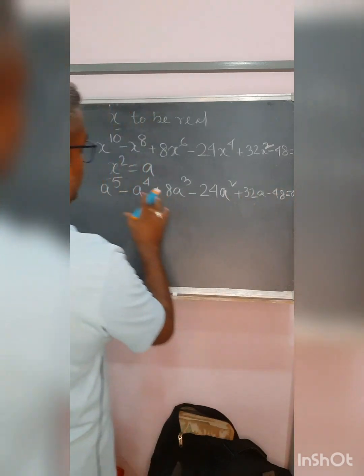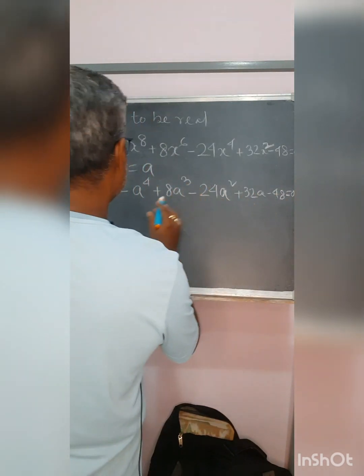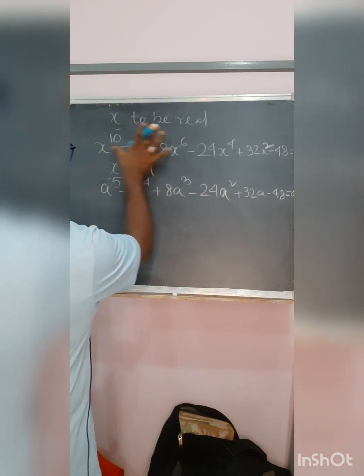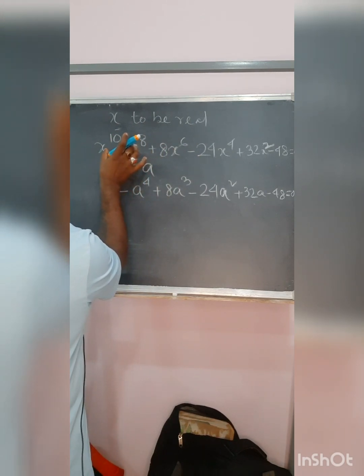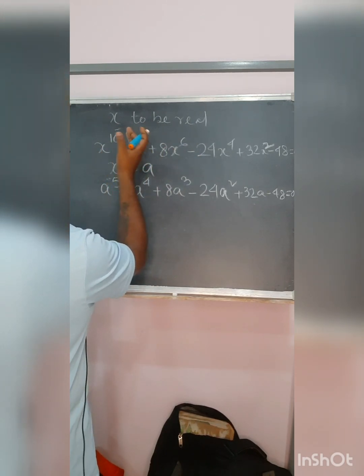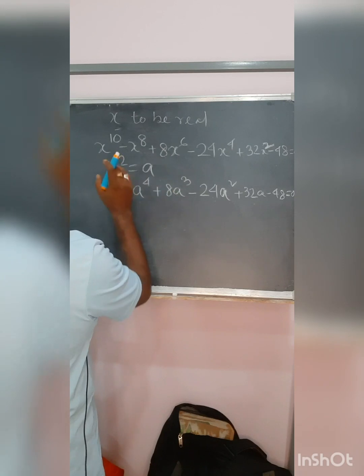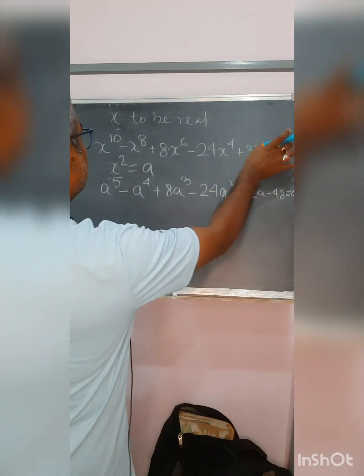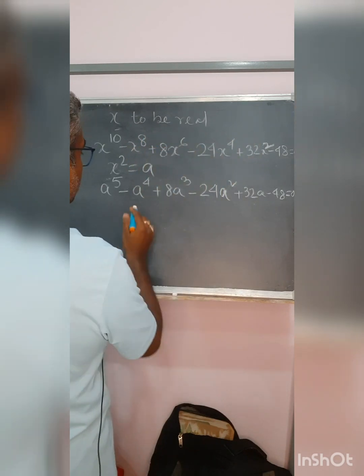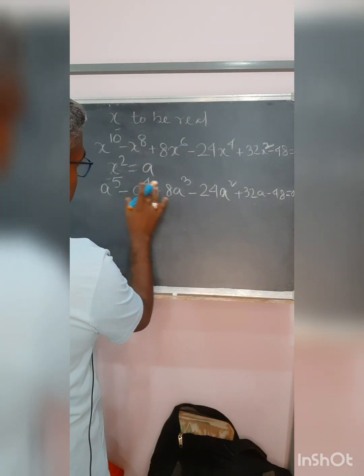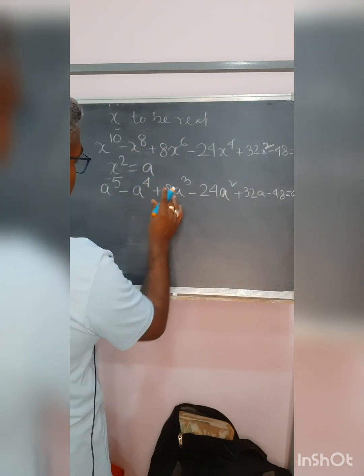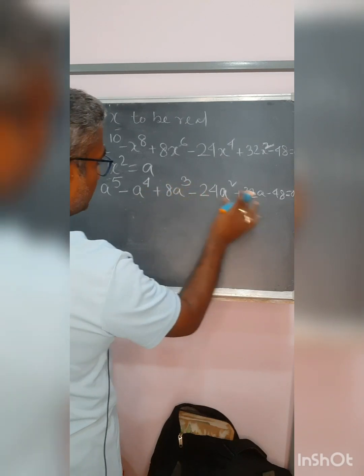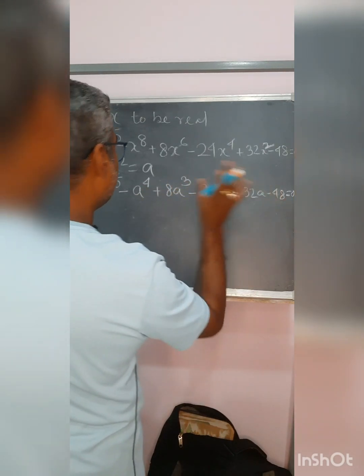Now, this will be easy to factorize, because for every term which is missing in power-wise, to adjust that you have to bring that power to do the factorization. Now, here as the power is continuous and on difference of 1, it will be easier to think of the factorization.